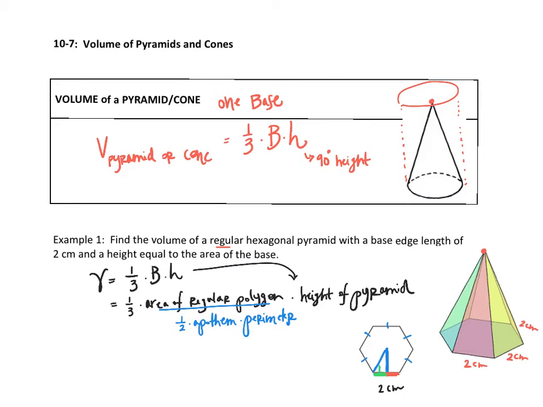So just as a review, let's say that I looked at this yellow triangle right here. I could actually draw in 6 of those in a regular hexagon.